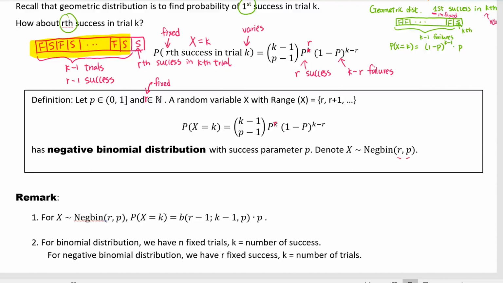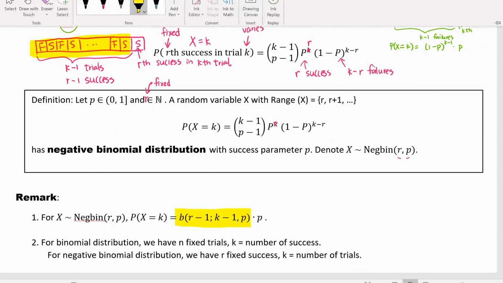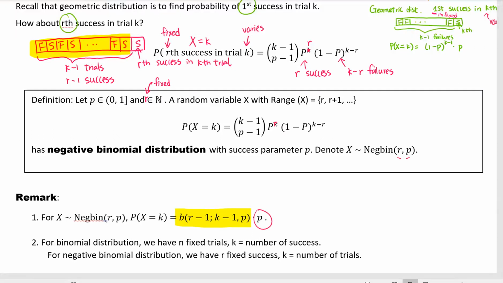So we have the binomial distribution with the number of trials K minus 1 and the number of successes R minus 1. And then the last trial is a success. That's why you multiply by P at the end.